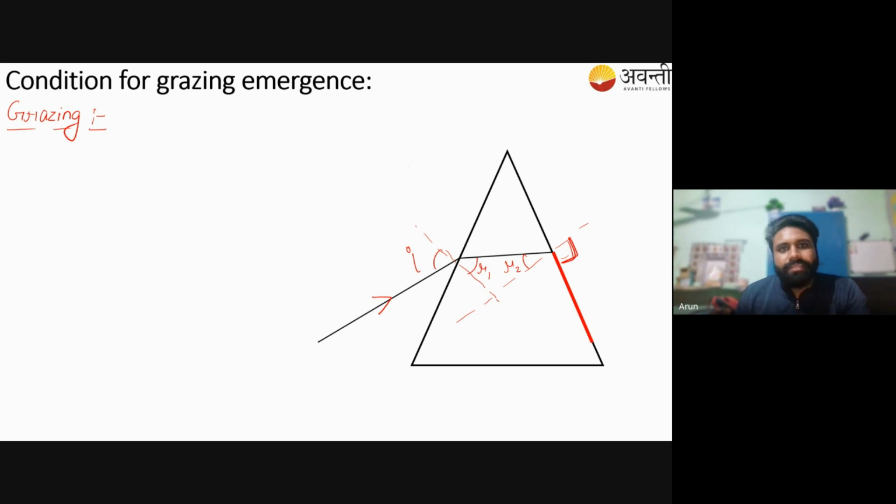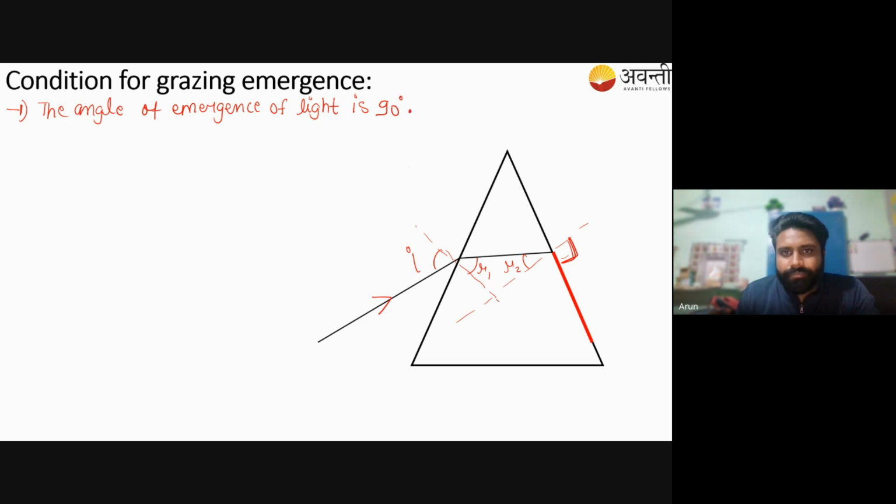So for grazing emergence, the condition is that the angle of emergence of light is 90 degree, means E is equal to 90 degree. ठीक है.